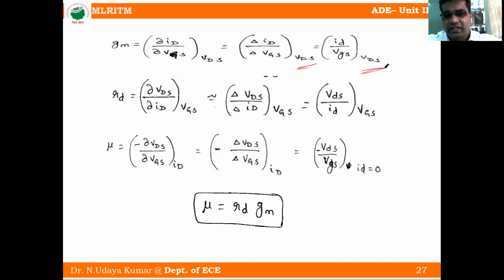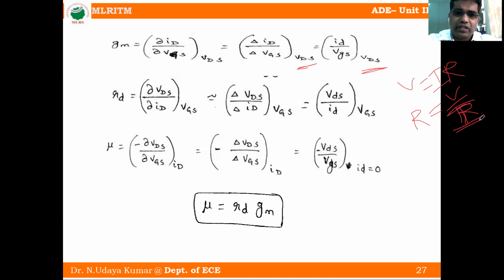So that is transconductance. Similarly, drain resistance. We know the basic formula: V is equal to IR, that is, voltage is equal to current into resistance. From this, resistance is equal to V by I, that is voltage by current.